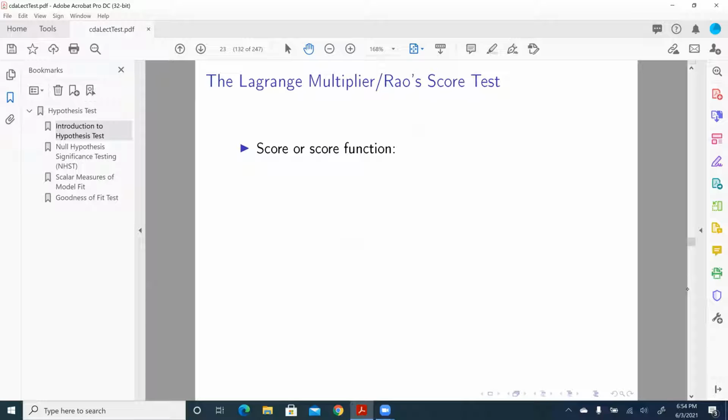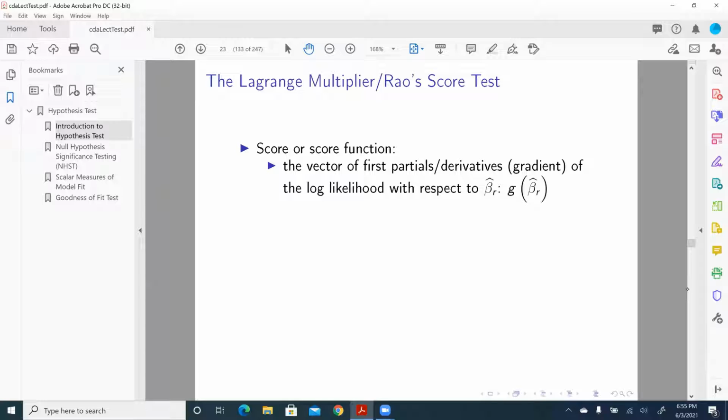Okay. Next, I want to talk about a third type of test in the general framework of null hypothesis significance testing in maximum likelihood estimation. It's called the score test, sometimes called the LM test, or Lagrange multiplier test, or Rao score test.